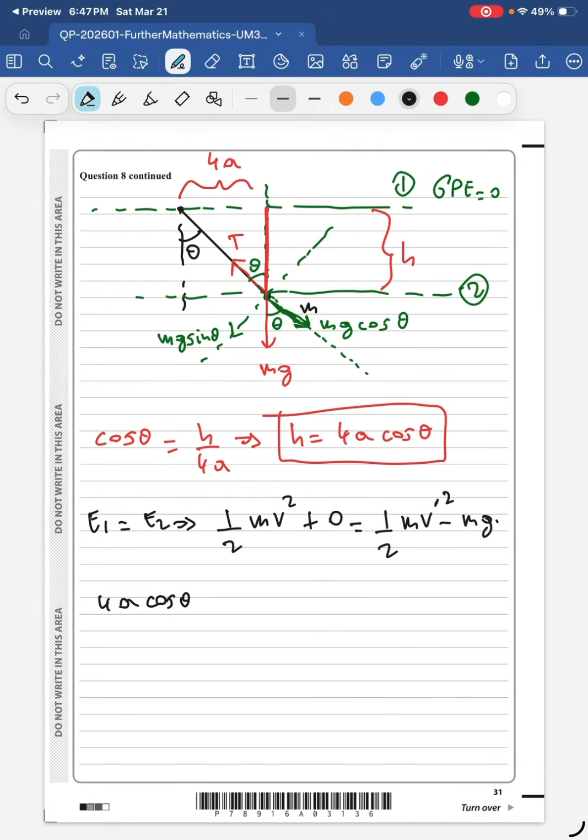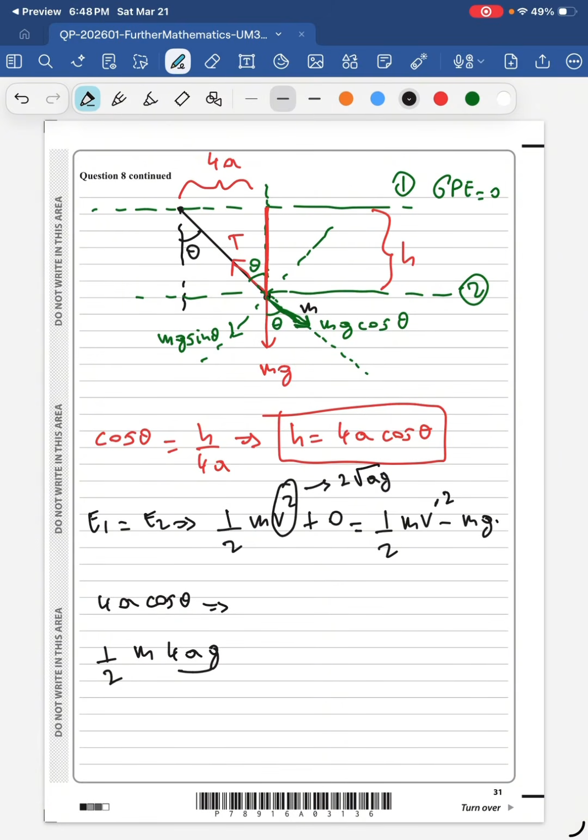If we carry out some calculations here, we have 1/2 m, and then v squared is given as 2 square root of ag, so m times 4ag. I'm plugging in v squared for 2 square root of ag, and it becomes 4ag.